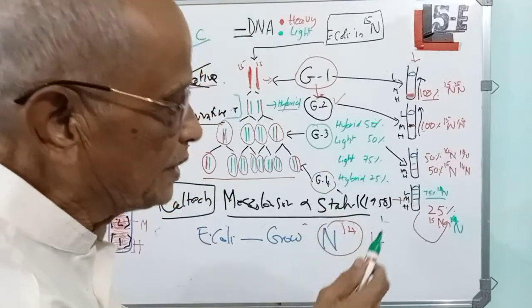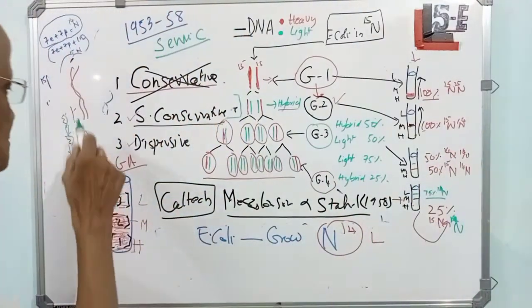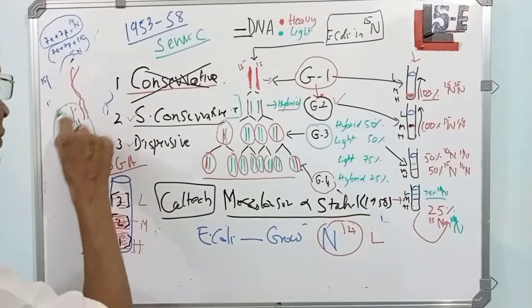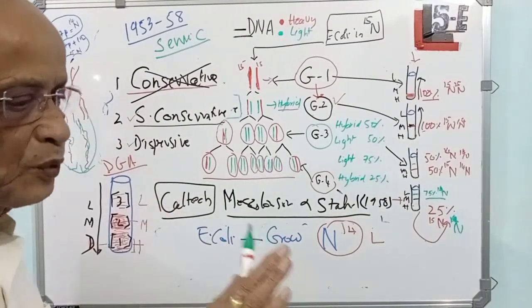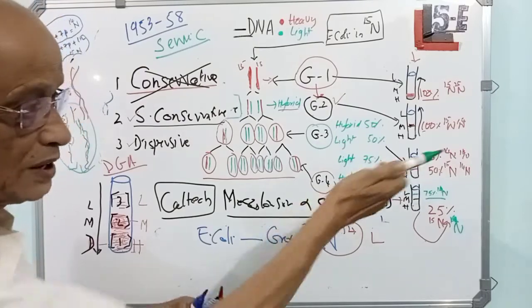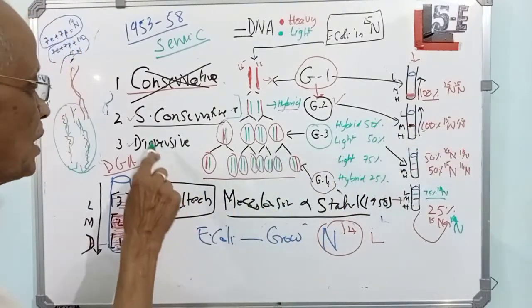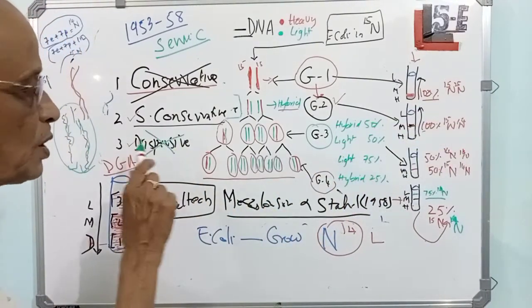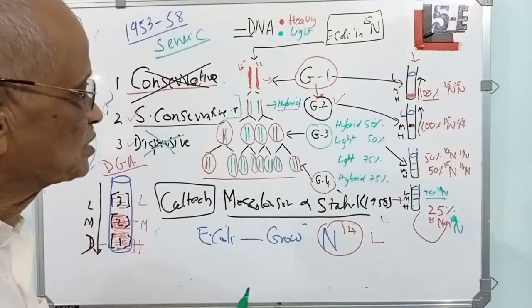So now this indicates that if it were a mixture of the dispersive type, you should have only one band all the time, but there were two bands. Therefore, even the dispersive type was ruled out.